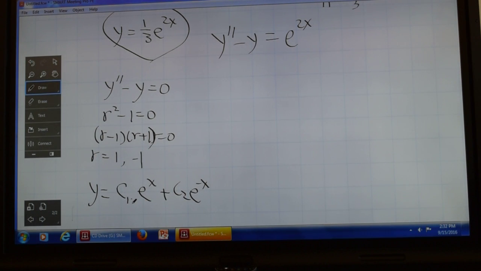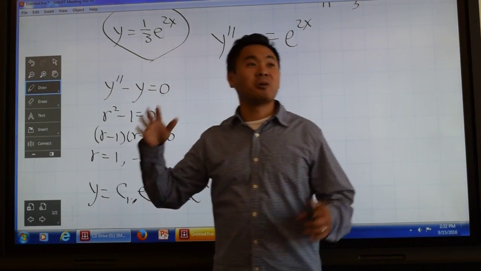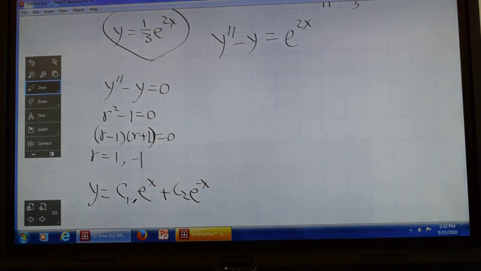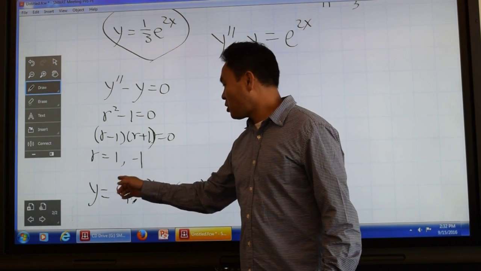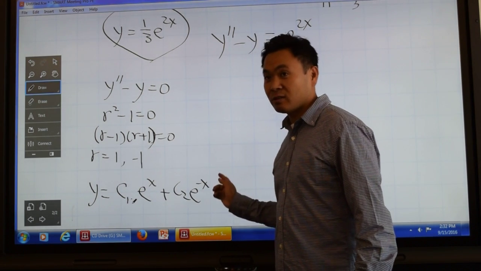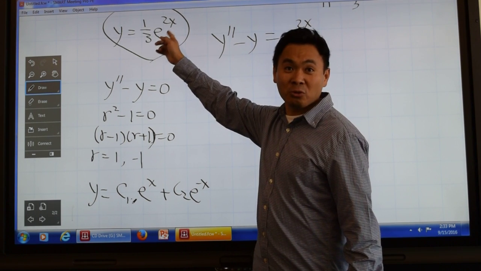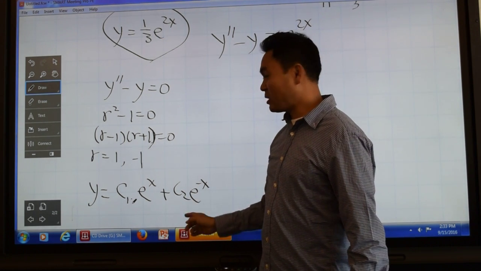So I know that if I plug these on the left side, it's going to go away. And the wonderful idea is to take this solution of the homogeneous equation and add the one solution we found. We add these two.